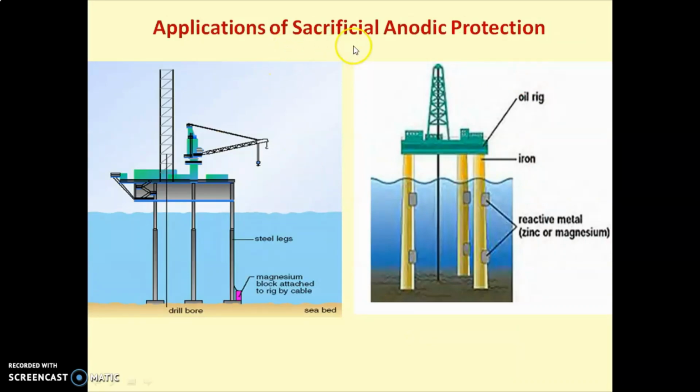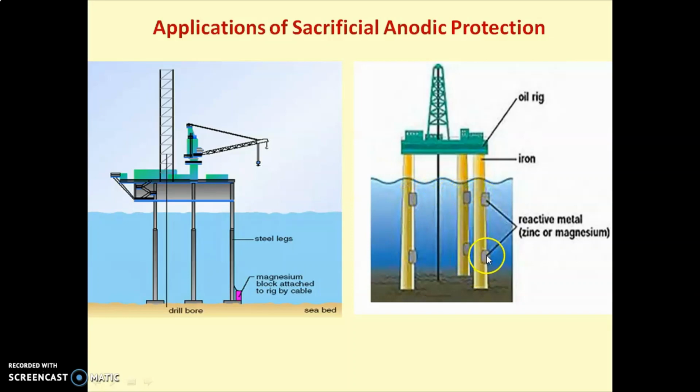Example of application of sacrificial anodic protection. Now some metallic rods under the water need to be protected. So at the base of this metal, a more reactive metal is connected. So this metal acts as an anode and corrosion takes place here. Hence this metal is protected. Similarly here also, this metallic rod is protected by fitting some blocks of the anodic material. These are nothing but sacrificial anodic blocks.